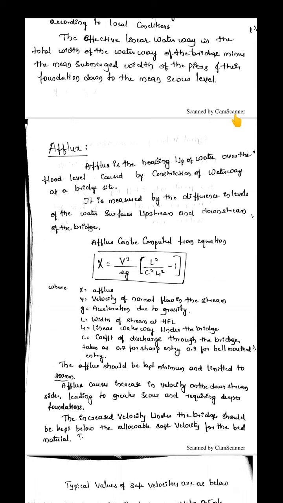Same thing: if the linear waterway is less, when is it less? When the obstructions are more, meaning you have more piers or more width of the piers at the foundation level.